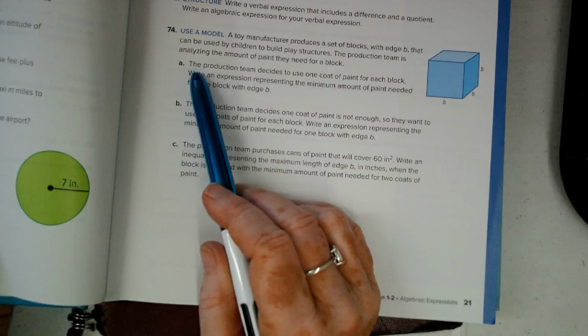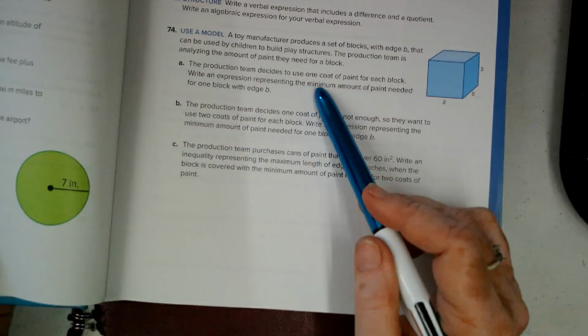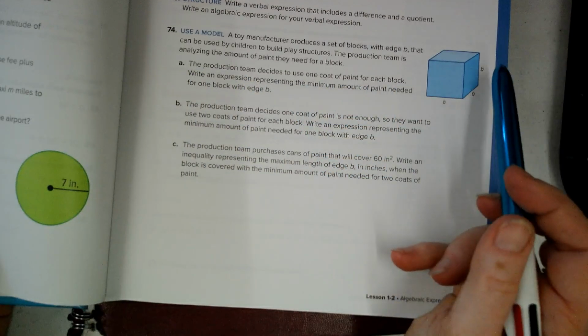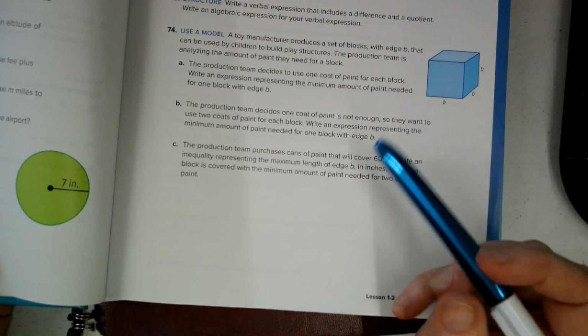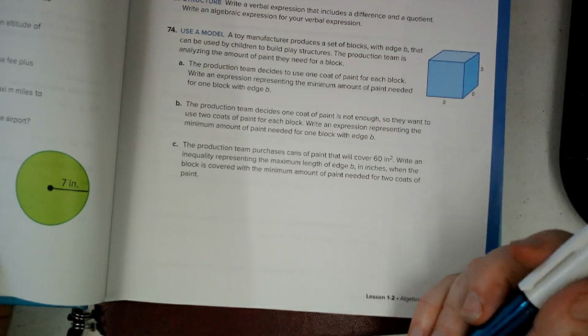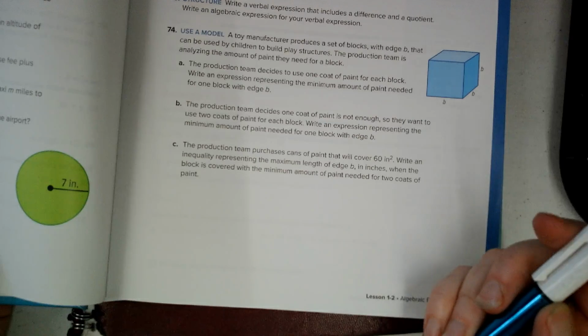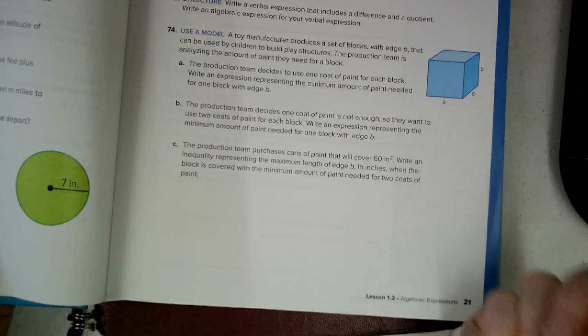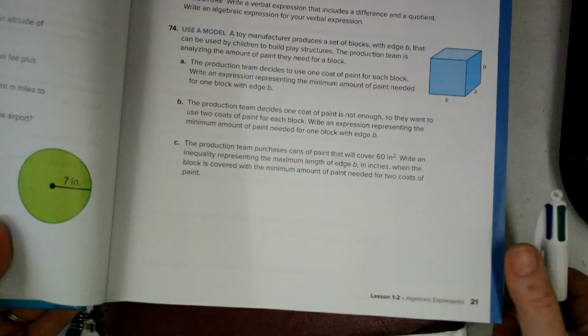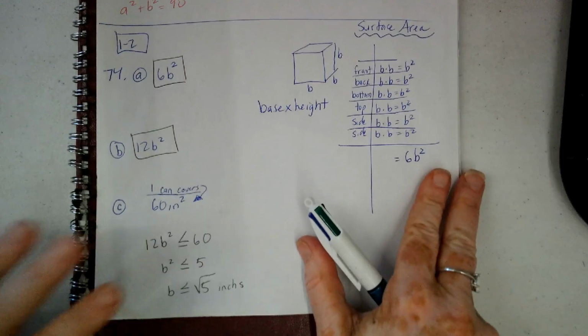Letter A says the production team decides to use one coat of paint for each block. Write an expression representing the minimum amount of paint needed for one block with edge B. So I drew a little picture of the block.